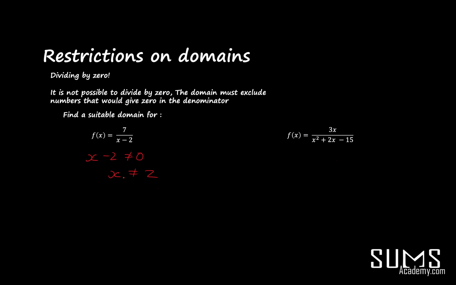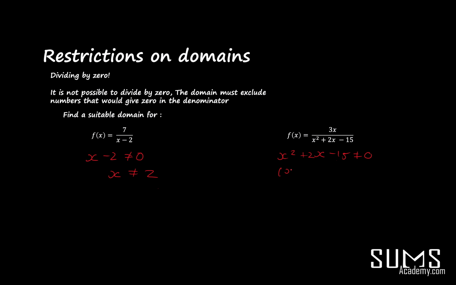And what about this one over here? Again, the denominator cannot be 0. So you'd have x squared plus 2x minus 15 cannot equal 0. Then we factorize this. Well, 15 and 2, so 3 and 5, and there's a difference of 2 there.